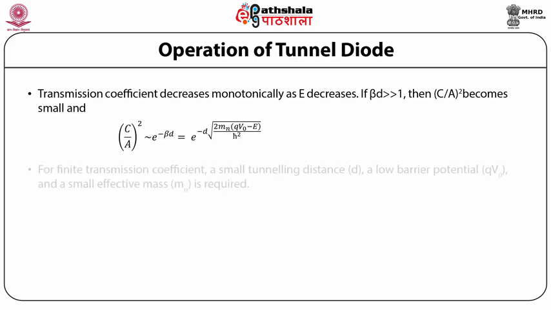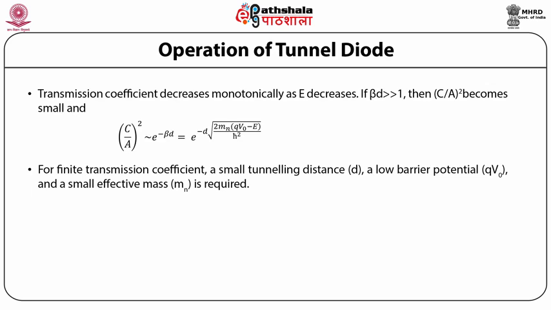So therefore, for finite transmission coefficient, a small tunneling distance d, a low barrier potential qV0, and a small effective mass mn is required. Let us now discuss the second topic of this module, that is the IV characteristics of tunnel diode.